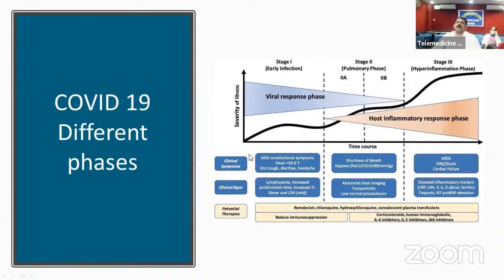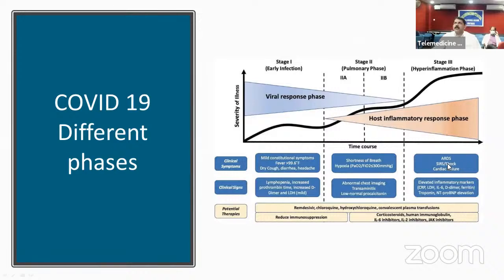You see the transition. Initially, the virus is causing havoc, but when the disease progresses, the viral load comes down and the host takes up. And it's the host inflammatory response to the virus which causes the problem, which causes cytokine storm, which causes thromboembolic phenomena, and which deteriorates the patient, causing hypoxia and shock.